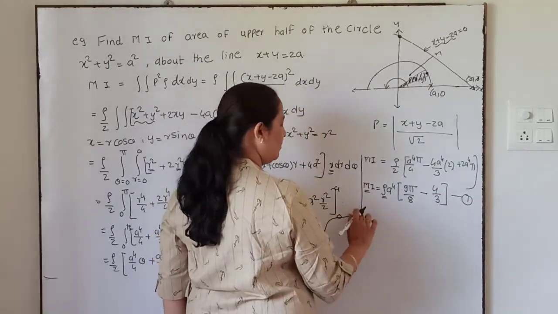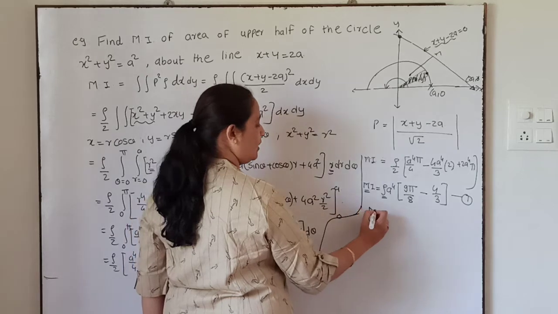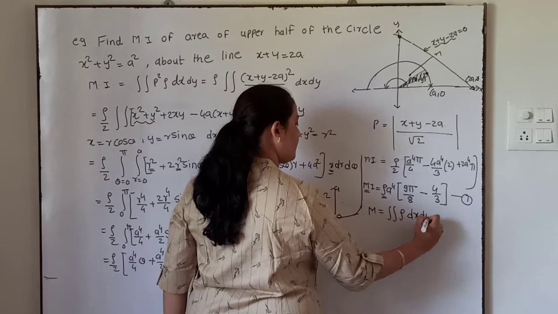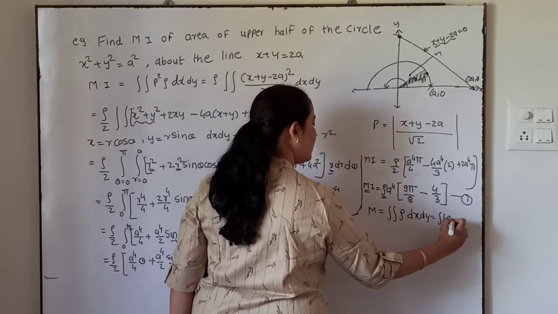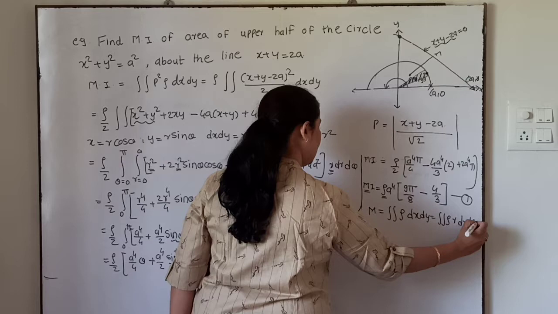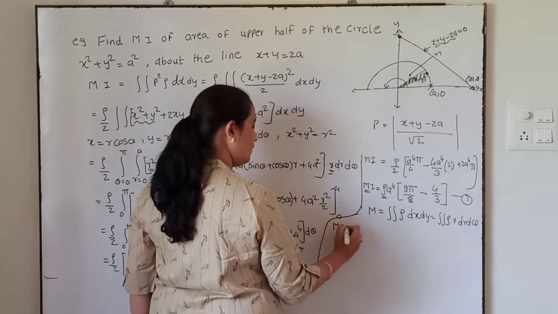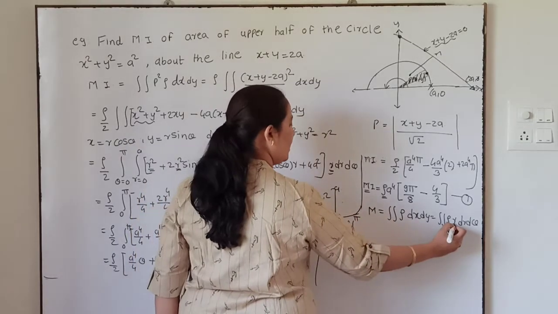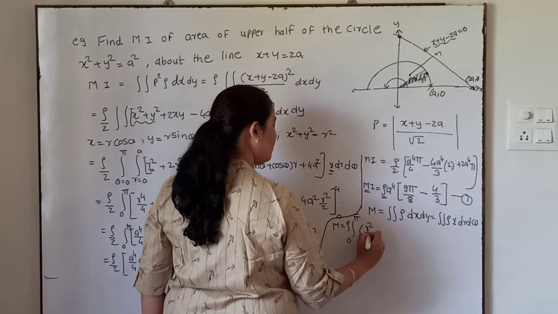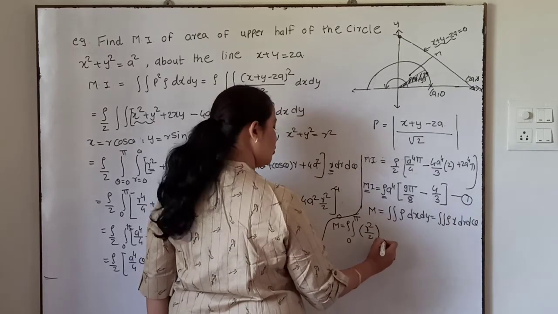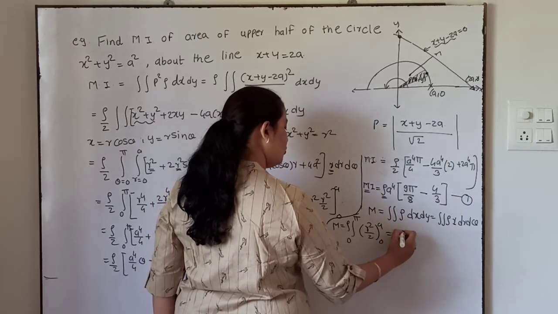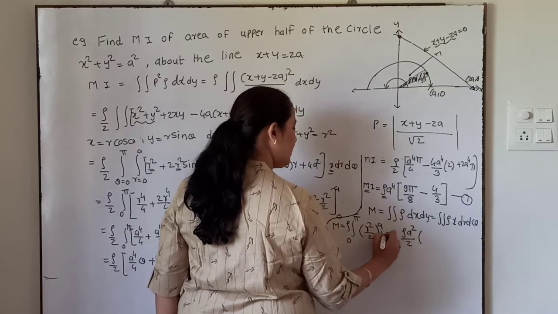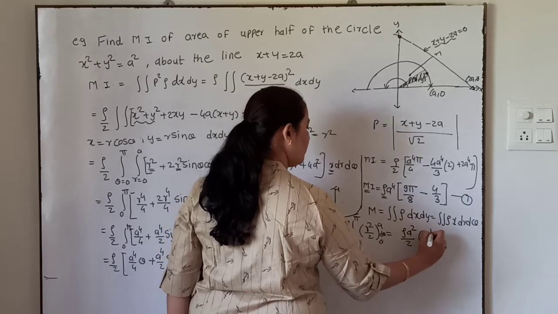Now you find the value of mass. What is the formula for mass? Mass is equal to the double integral of rho dx dy, which is rho r dr d theta. So mass is equal to, theta varies from 0 to pi, rho is constant, take it outside, the integral of r is r square upon 2, limits from 0 to a. That is equal to rho a square upon 2, the integral of d theta is theta, limits from 0 to pi.